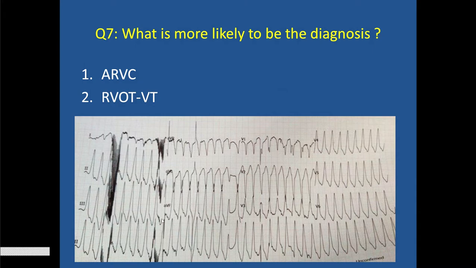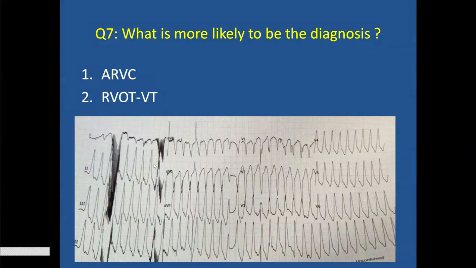There is a monomorphic regular VT with LBBB morphology, transition in V3, very rapid, lead 1 and aVL negative. Okay, so 2, 3 and aVF are very tall.